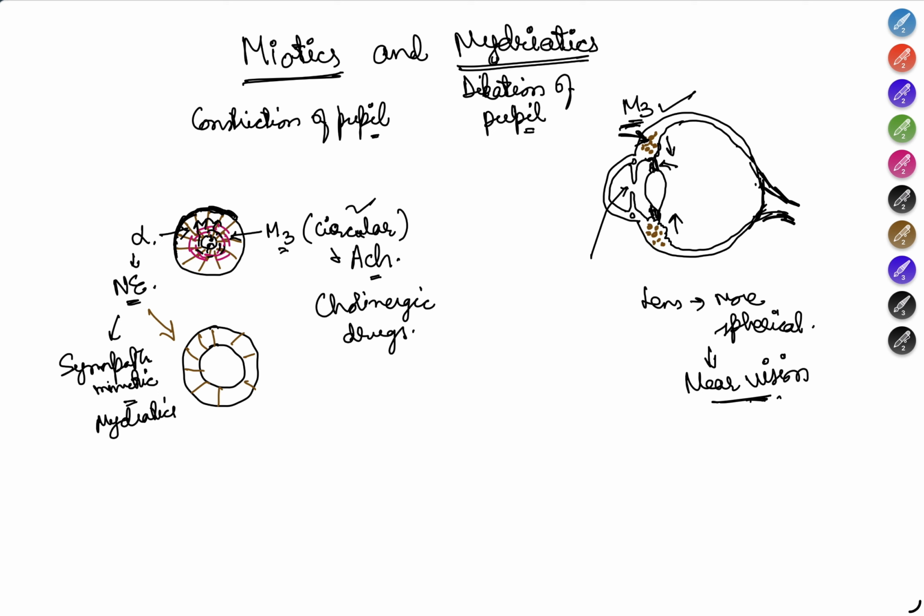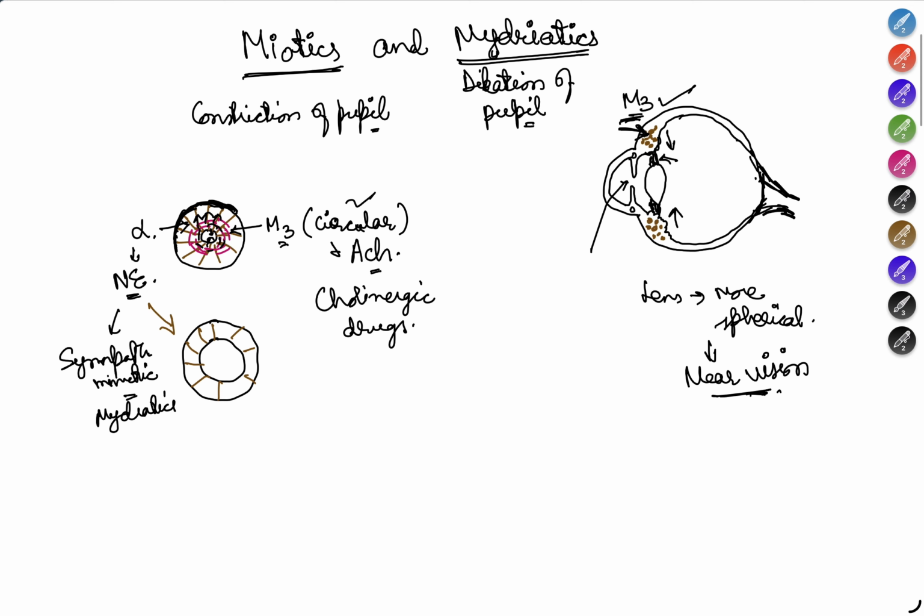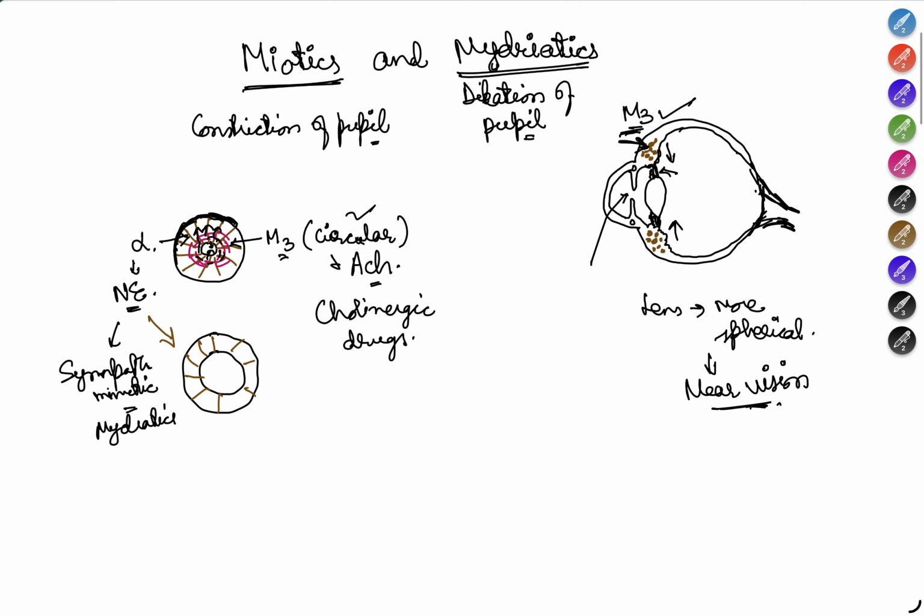And normally for distant vision, the lens goes towards the flatter side. So whenever we are giving a cholinergic drug, the lens will be in a position to cause more vision on the near side.